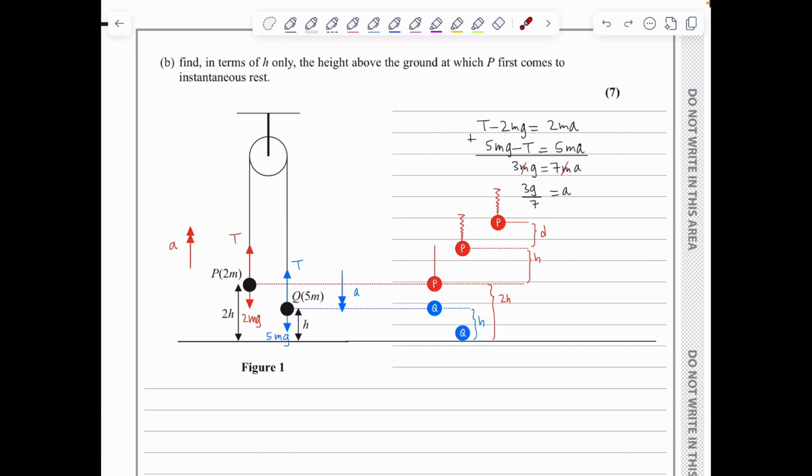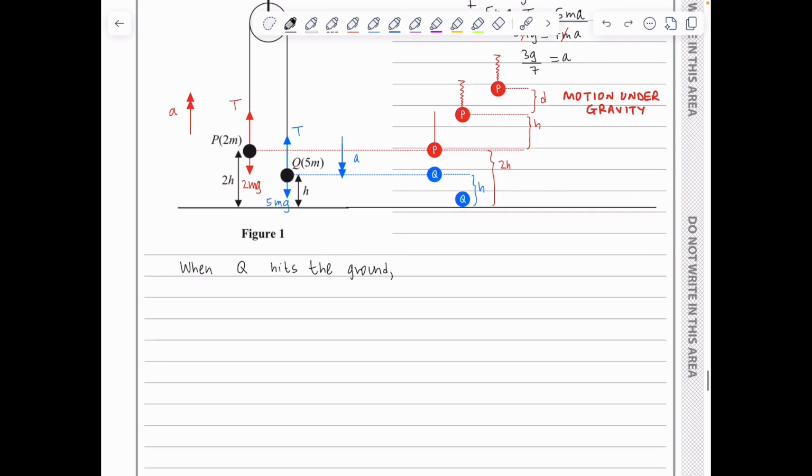So for this last leg of the journey, we've got motion under gravity. Now we'll start by considering Q when it hits the ground, because the speed with which Q hits the ground is the same as the initial speed with which P begins the motion under gravity here. So I'll be using v squared is equal to u squared plus 2as. The system was released from rest, so u was 0.